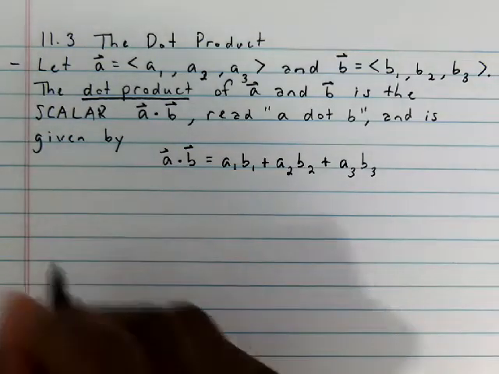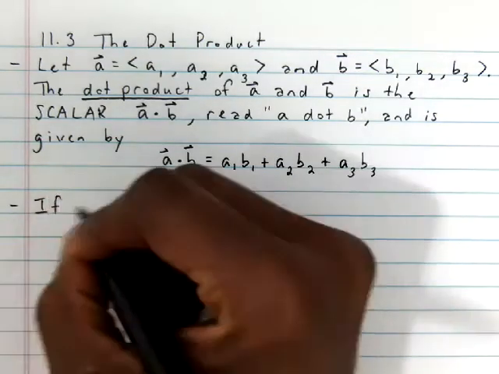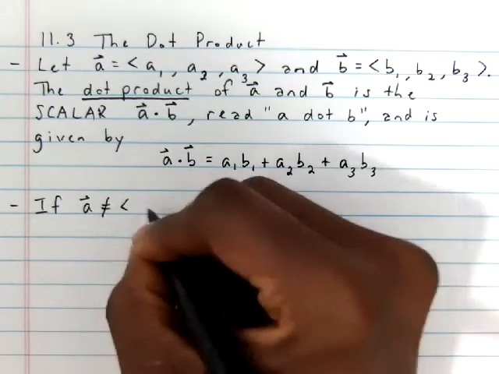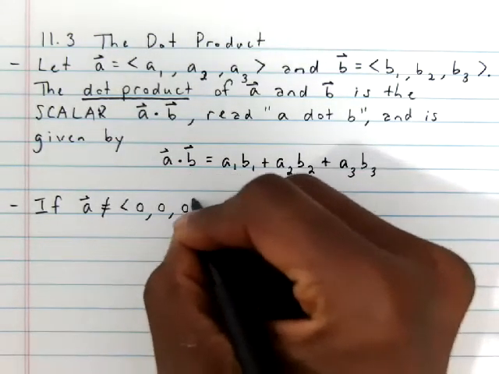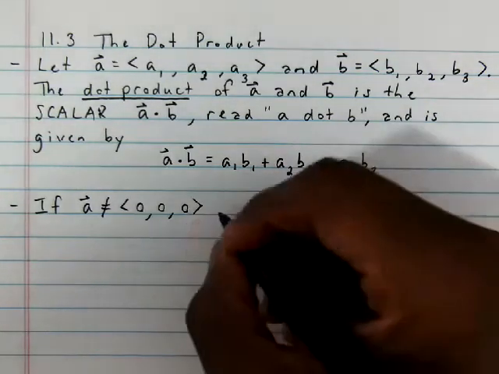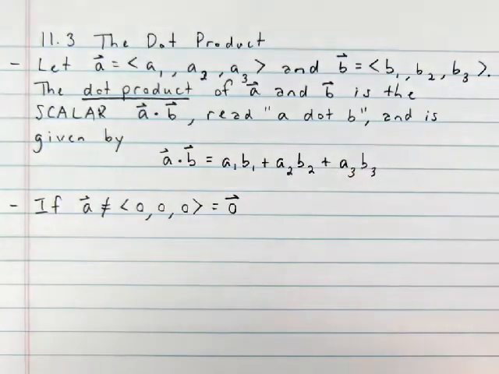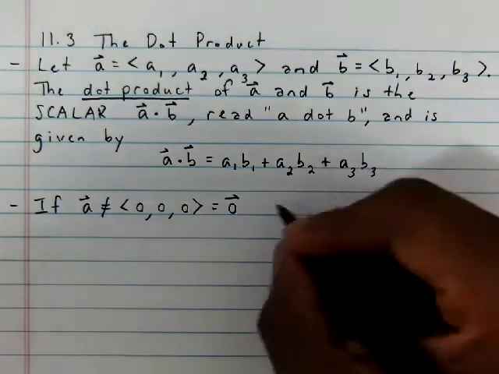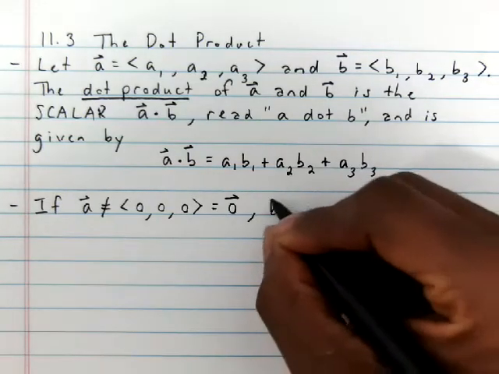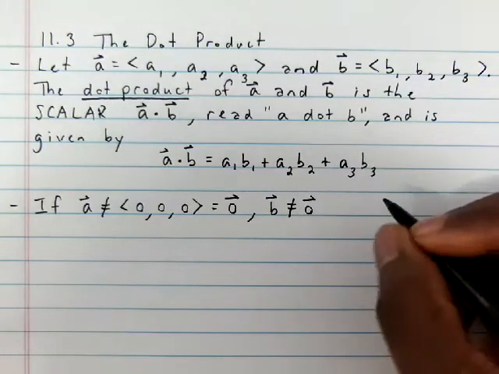All right. Now, if A is not equal to what's called the zero vector, it's just a vector where all the components are zero. And we also denote that by a zero with the vector hat on top. And B is not the zero vector.